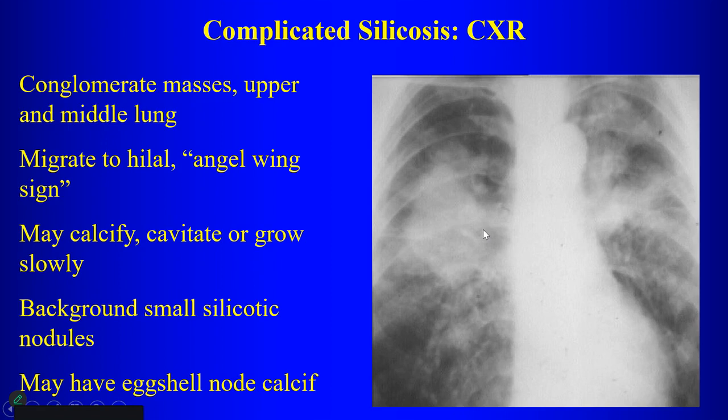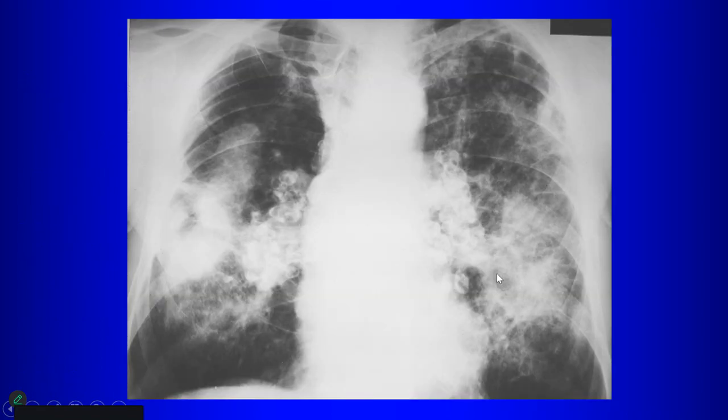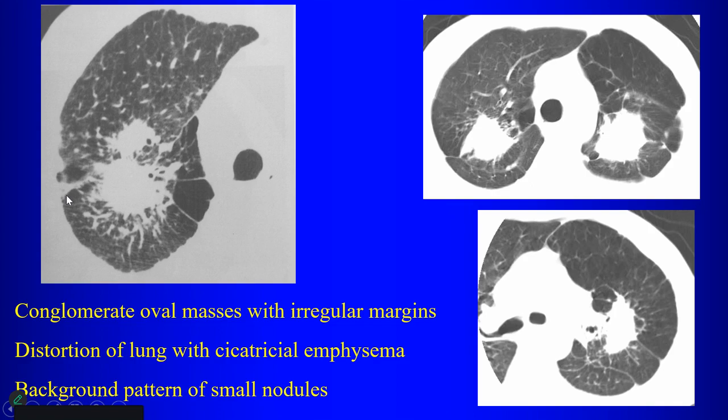We call that the angel wing sign. These are conglomerate masses caused by coalescence of those silicotic nodules. Here's a patient with eggshell calcifications, progressive massive fibrosis, and also emphysema in the lung. The scarring causes emphysema, which leads to disability in patients with silicosis and progressive massive fibrosis.